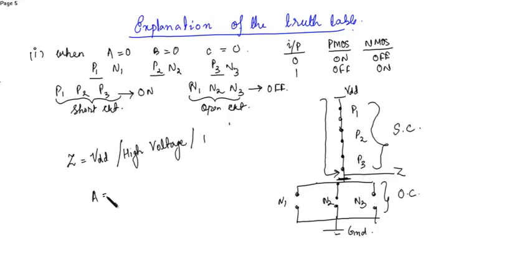So when A is equal to 0, B is equal to 0, C is equal to 0, then the output obtained is 1. So this is the first condition that is satisfied. Now let's see the rest.